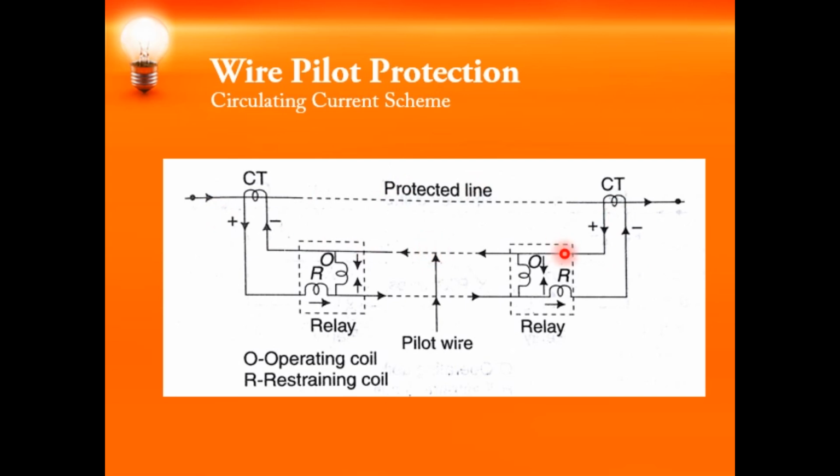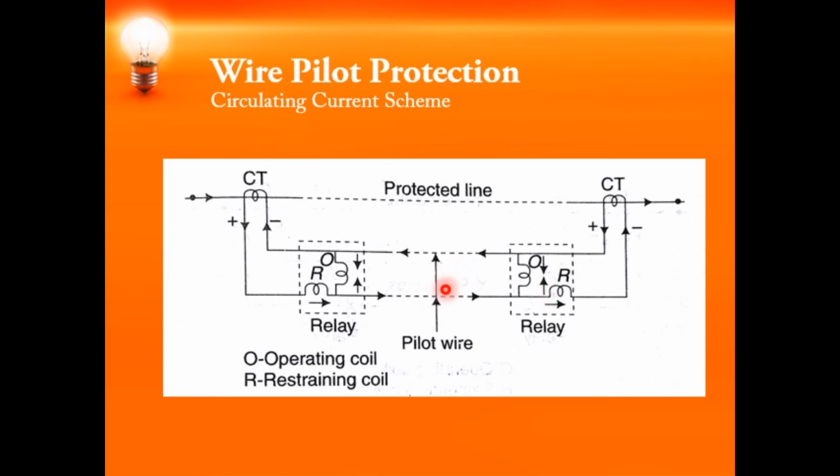Since these pilot channels are very expensive, you derive a single phase current from the three phase current at each end. Due to that, we need only a pair of pilot wires, because we derive single phase current from three phase current so that it can carry the information from one end of the transmission line to the other. These wire pilot schemes are very inexpensive compared to carrier current schemes, as well as simple in design and cheaper.